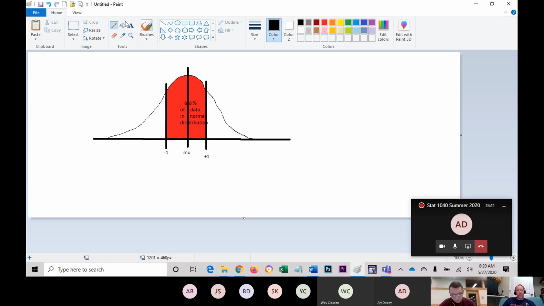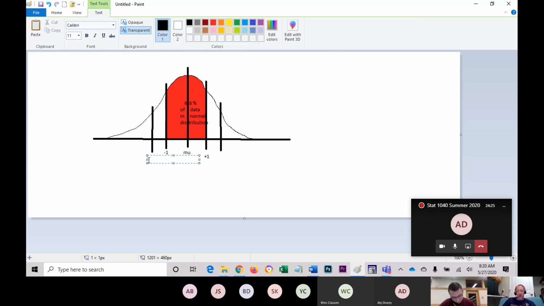Okay. If I go out 2 standard deviations, so from here to here, and generally I probably should have put a sigma there. So if I go from -2 sigma to +2 sigma, we'll do that in blue.